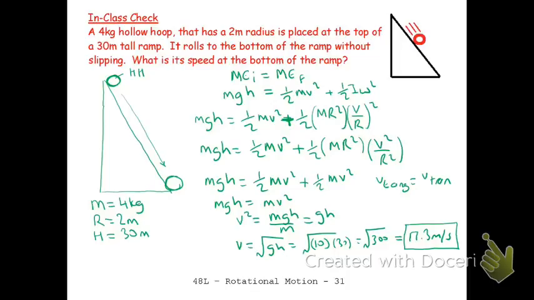So it's not free fall. If it was a gradual slope, it would take longer to get there, but at the end, that's the speed it would have. So it's kind of curious in a way.